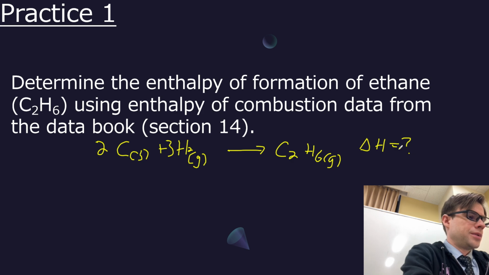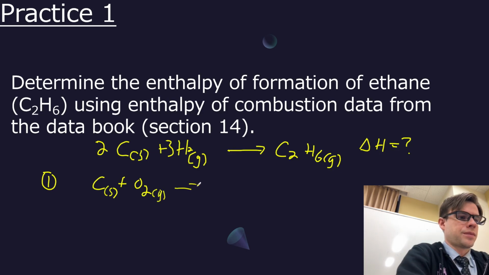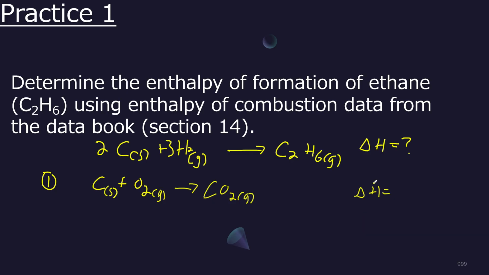So if we label in equation 1 here, the combustion of carbon, this will be carbon solid plus O2 gas goes to CO2 gas. That delta H is in the book. It's minus 394.